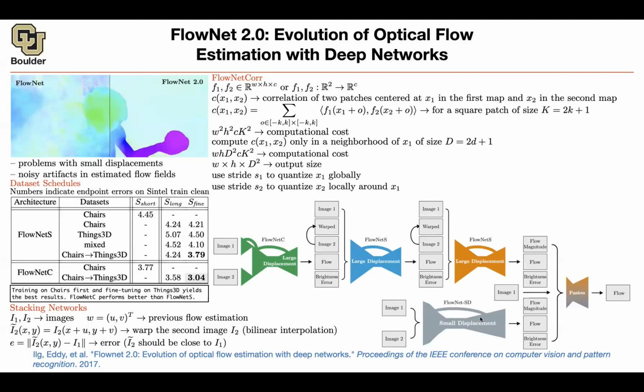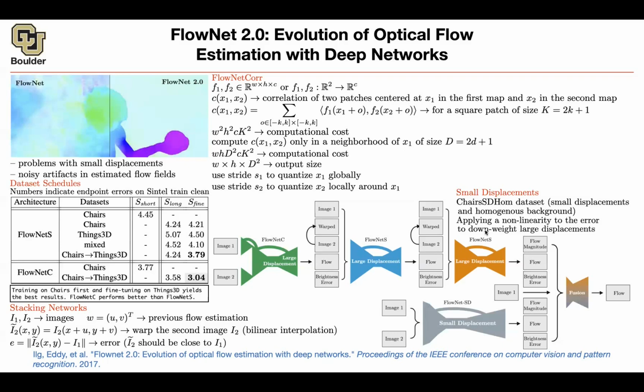How does this FlowNet SD work? It's about small displacements. So it needs to be trained on a data set that has small displacements. And this is also a simulated version of the chairs with small displacements on a more homogeneous background. So you're going to train this on the small displacement type of data. That's why it's going to specialize in that task.